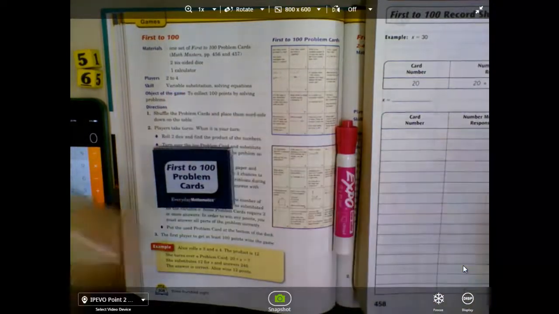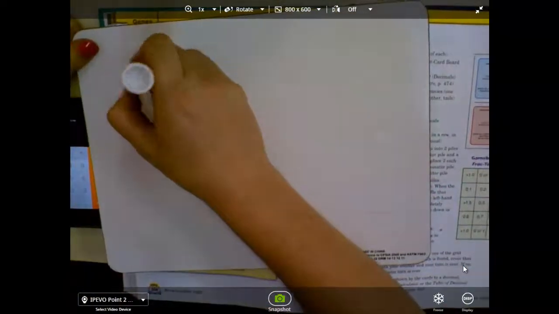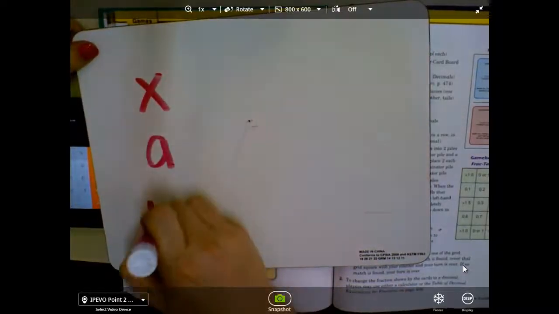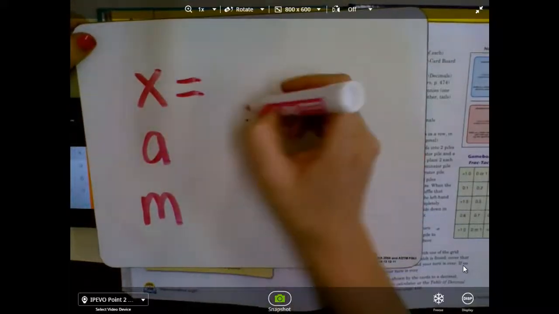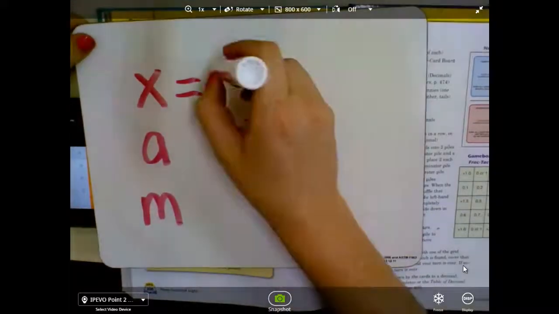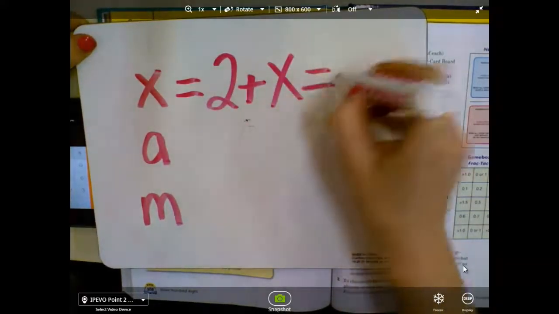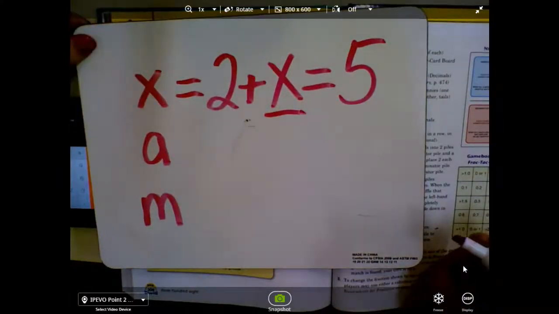Okay, so let's review what a variable is. A variable is usually represented by a letter, such as X, sometimes A, sometimes M. If you remember from other lessons, in a problem such as 2 plus X equals 5, you would solve for the missing variable.